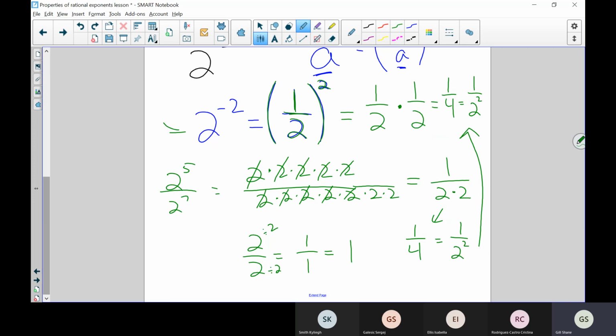And then you do have to understand that you can cancel those out. And I was left over with the correct answer. And that also shows you that 2 raised to the -2, which is what we get when we use the rule, is the same thing as 1 over 2 squared, because that's what we got right here. So it shows you that's the same thing.